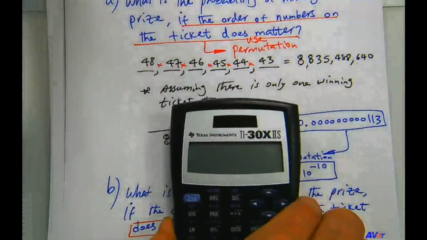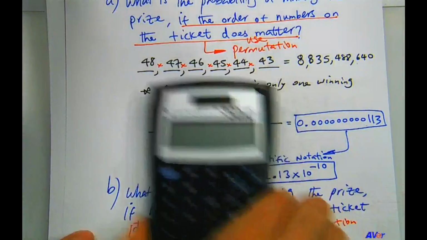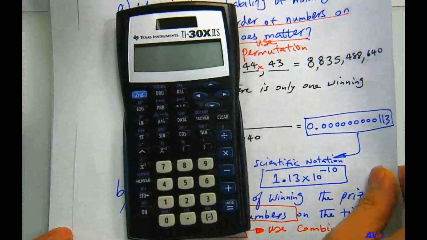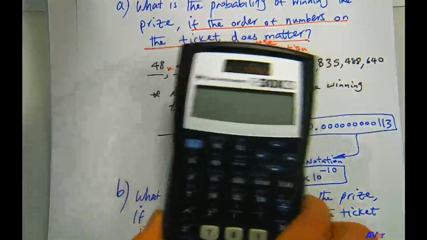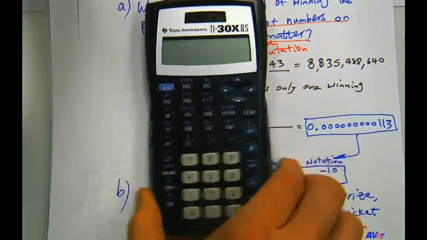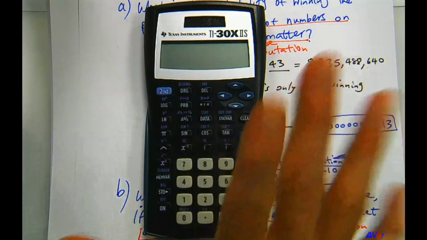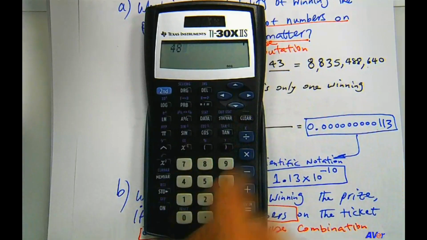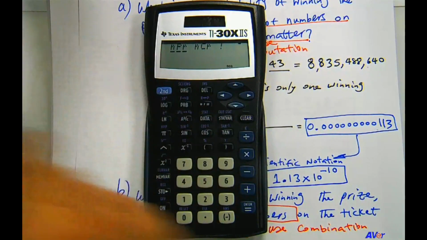We are picking for the permutation part. Let me put this so you can see it hopefully. So we had 48 balls from which we chose 6. If order matters, so that's the permutation, right? 48 nPr, the first one is the permutation, nPr.